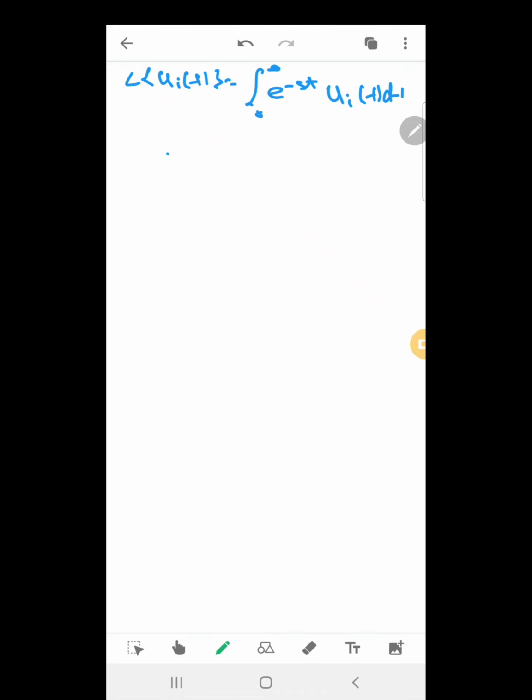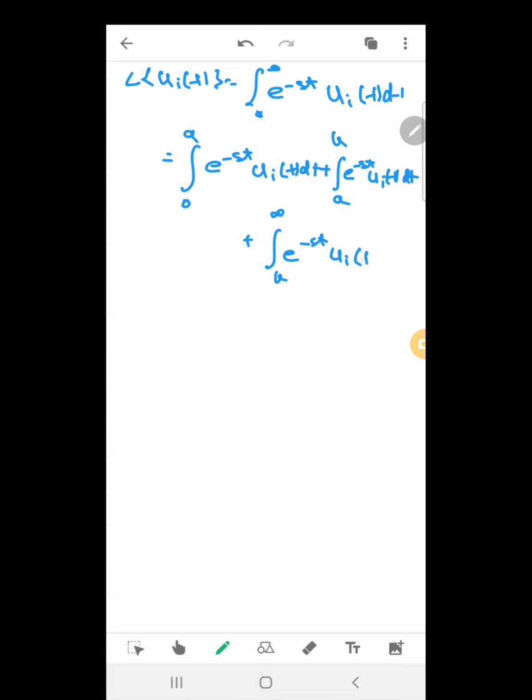In a similar manner we will break this into three parts. One from 0 to a, e to the power minus st u_i(t) dt, plus the integration from a to b, e to the power minus st u_i(t) dt, and then from b to infinity, e to the power minus st u_i(t) dt.